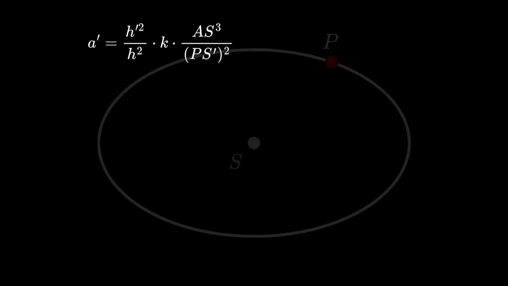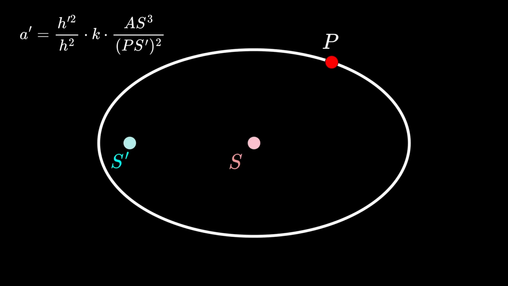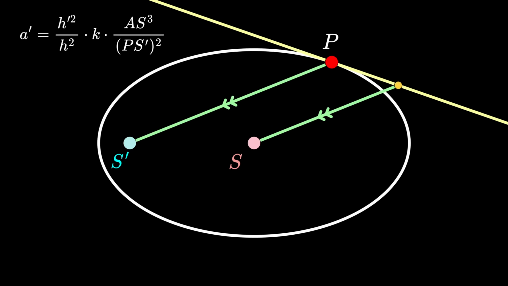Now we apply this formula to one of the foci of the ellipse as the new center of attraction S prime. Just as a reminder, to construct A, we first construct the tangent at P, and then draw a line from S parallel to PS prime all the way to the tangent. That point of intersection is A.